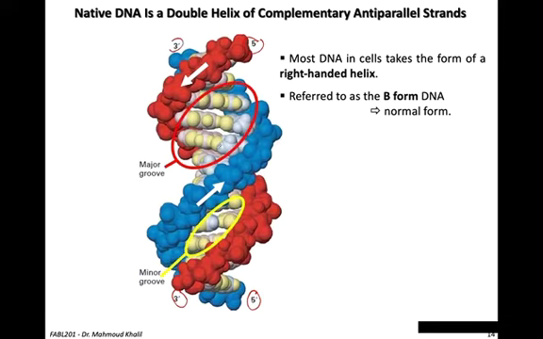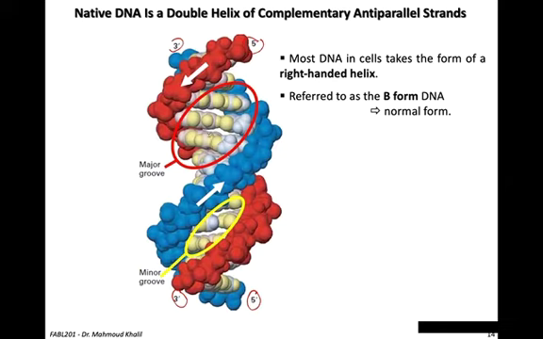So due to the arrangement and the double helix of the DNA, grooves are generated within the structure of the DNA. And these grooves are like windows through the structure of DNA through which you can see the structure of the nucleic acid and the nucleotide from inside.